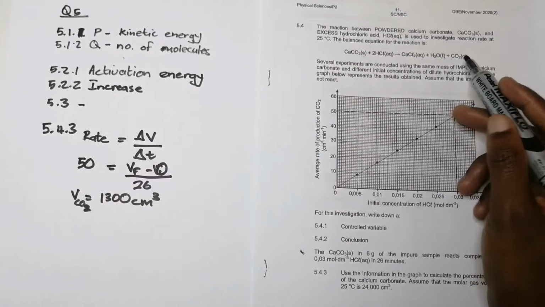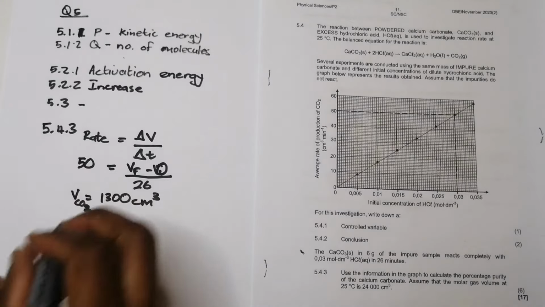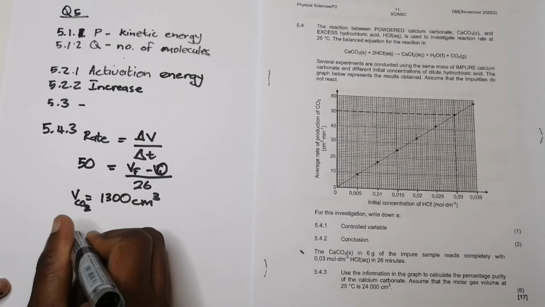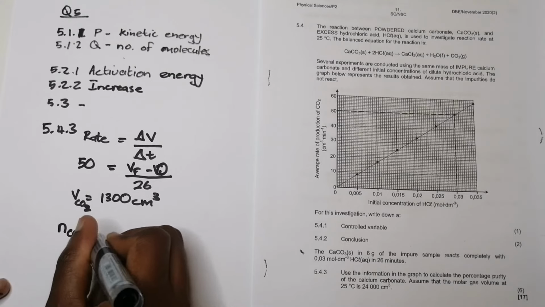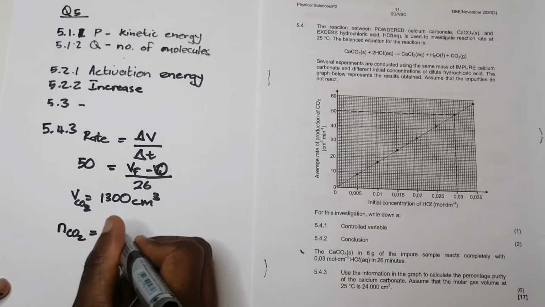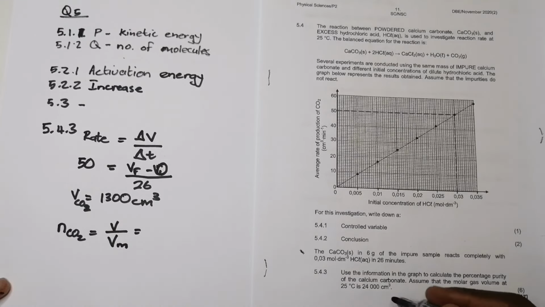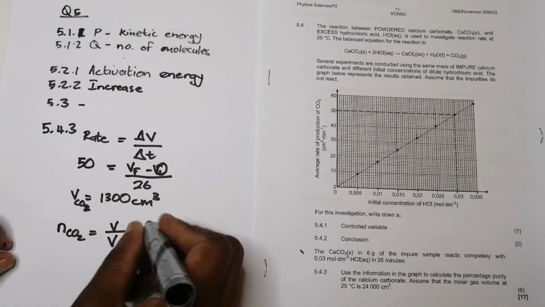And therefore, it means that I will now know the number of moles of calcium carbonate. So I'm going to say the number of moles of carbon dioxide is going to be volume divided by the molar volume. Remember, they had given me the molar volume to be 24,000 cubic centimeters per mole.